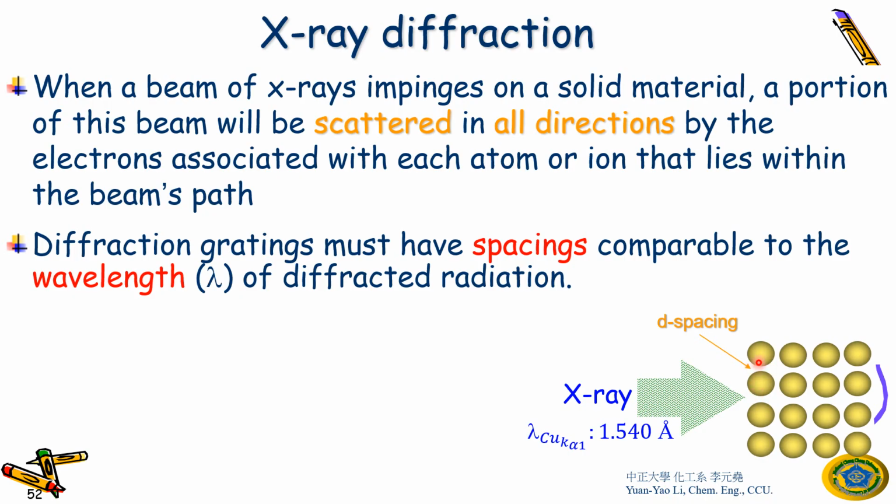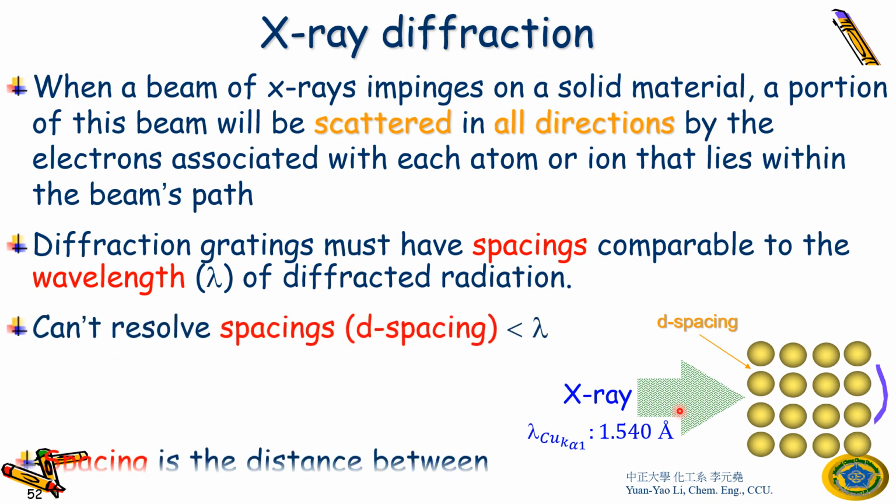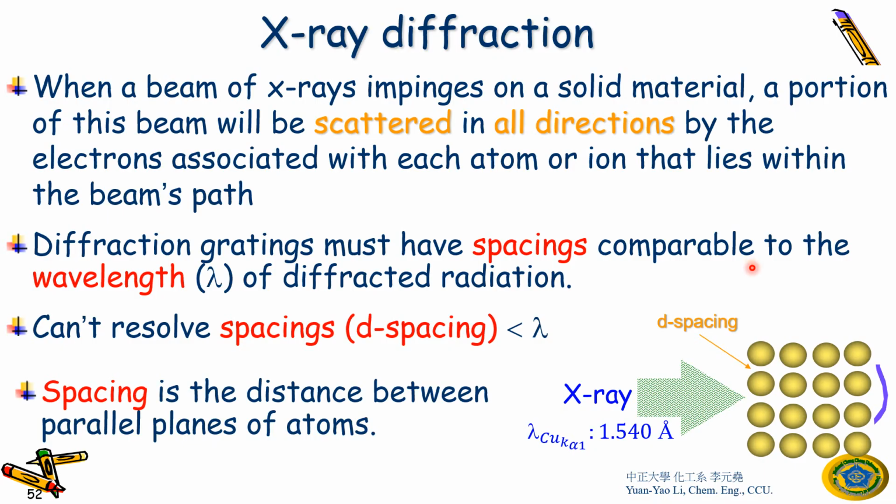So you need to consider the distance between the atoms and the wavelength of the X-ray. If you have a very big space between the atoms and the wavelength of the X-ray is very small, diffraction is not going to happen.